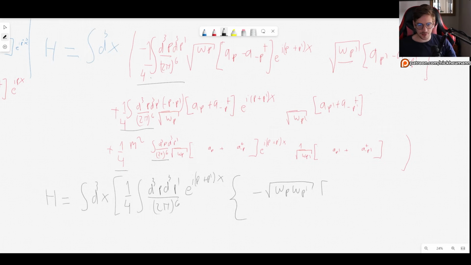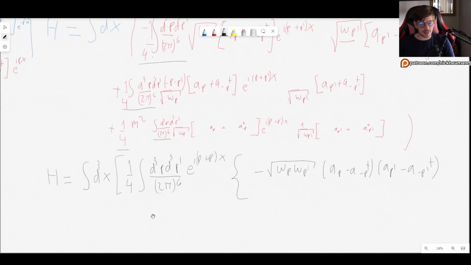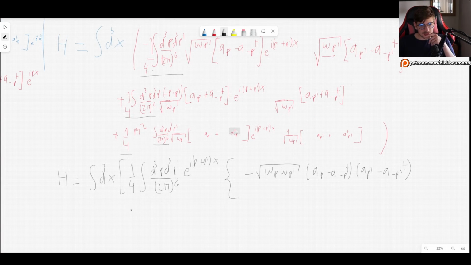And then we have the product of, maybe let's just do this in parentheses, a_p minus a_{-p}^†, a_{p'} minus a_{-p'}^†. Now the second line, let's see, it's going to give us the following.